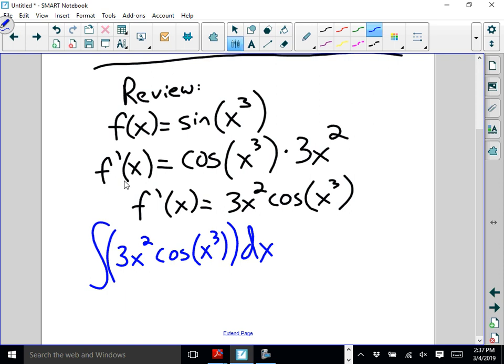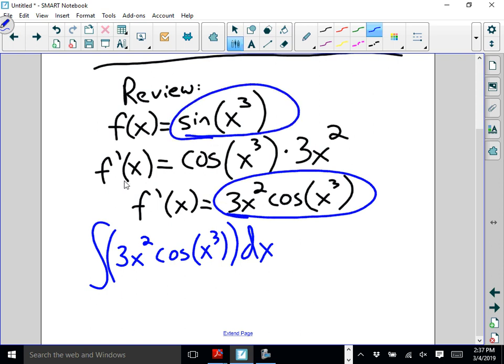Now we know that the antiderivative of this thing must be this. So this has to equal sine of x cubed plus c. And that's not very hard since I just did the derivative of sine of x cubed.